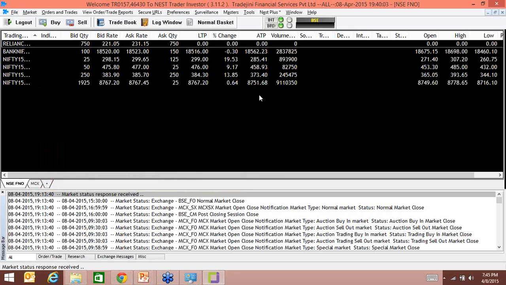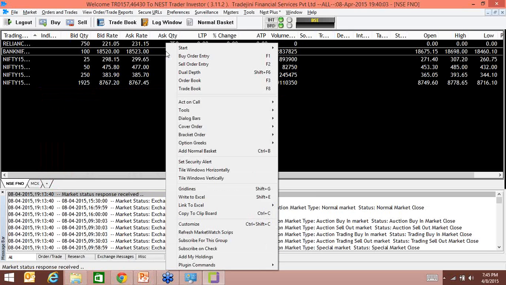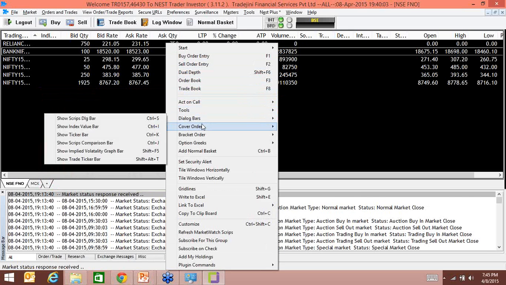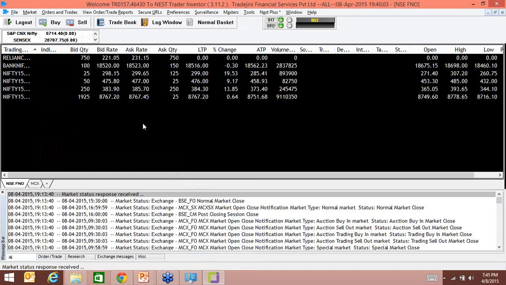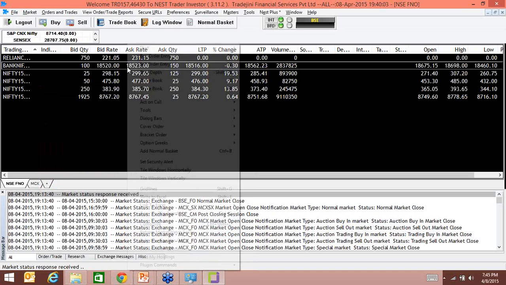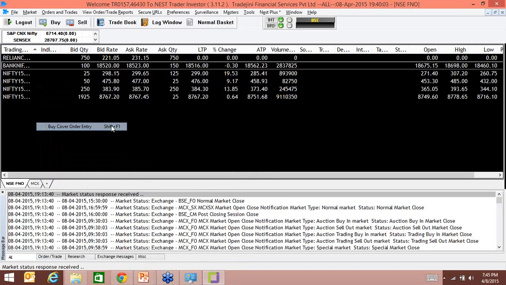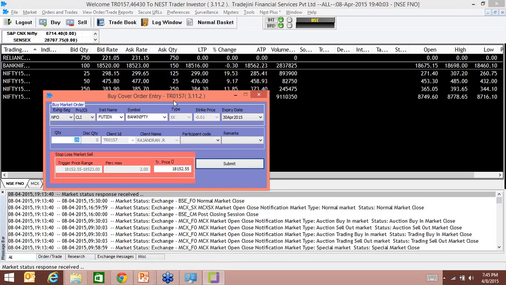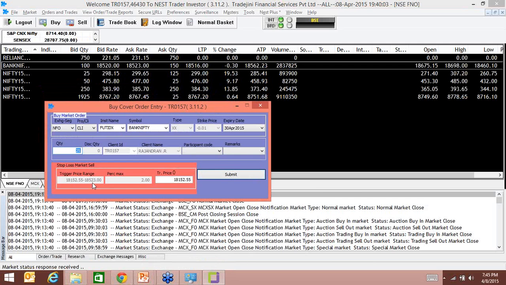It's better we do it with the future, it will be easier. Now Bank Nifty. So over here you have to place the trigger price between 18,152.55 to 18,523.00. The maximum percentage is 2%.